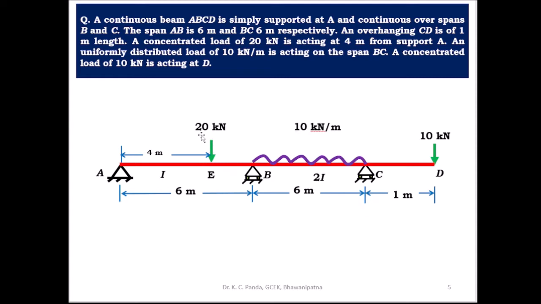One concentrated load of 20 kilonewton is acting at a distance of 4 meters from support A. A uniformly distributed load of 10 kilonewton per meter is acting on span BC throughout the length, and a concentrated load of 10 kilonewton is acting at the end D. The moment of inertia of span AB is given as I, and the moment of inertia of span BC is given as 2I.